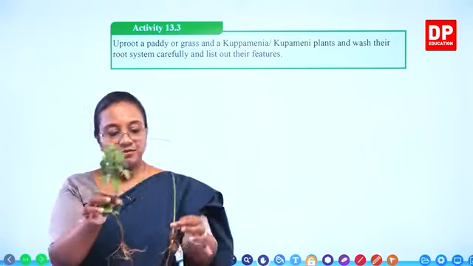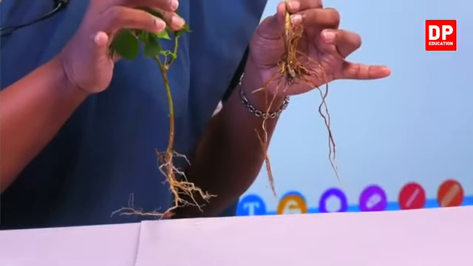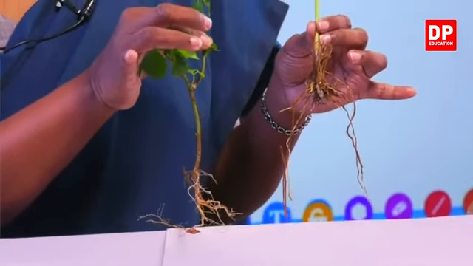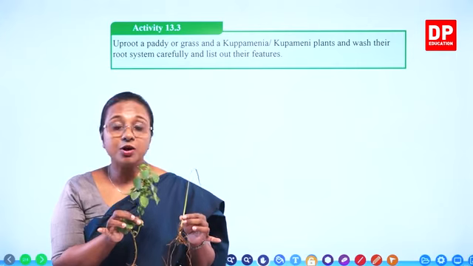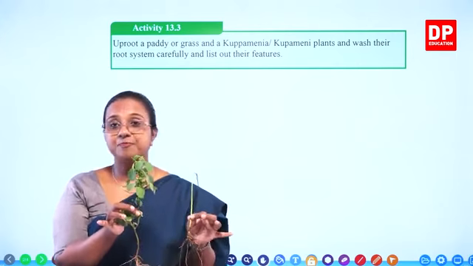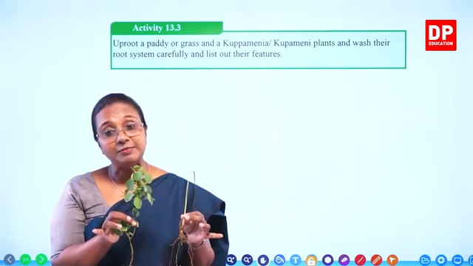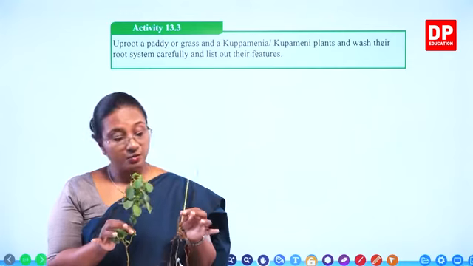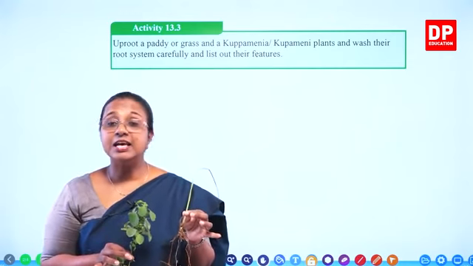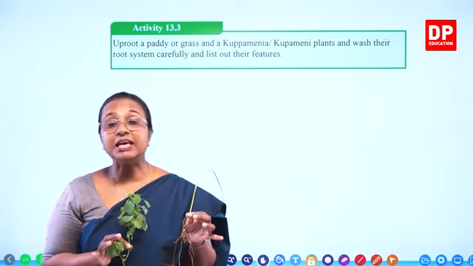Then, if we compare the two plants, and normally this is visible when the plants are grown and very mature, you will see in the dicot plant, the base of the stem will be broader and the tip of the stem will be thinner. Whereas in monocot plants like paddy, the thickness or the diameter of the stem will be even.